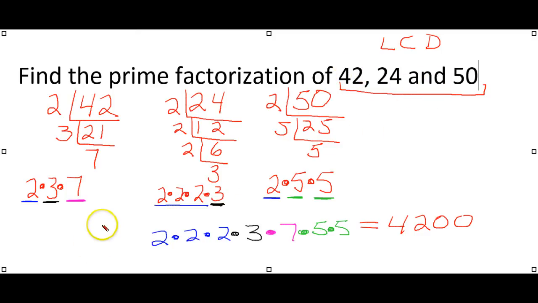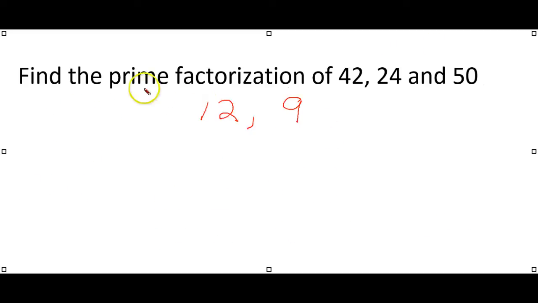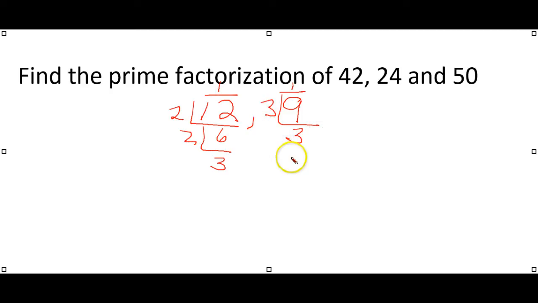Now, you might say, how about something a little easier? Well, let's try one. Now, suppose our numbers were a 12 and a 9 as a denominator. Let's say I wanted to add 1/12 and 1/9 together. What would be my lowest common denominator? Well, I would make my tree. So 2, 6, 2, 3. 9 is 3 and 3.